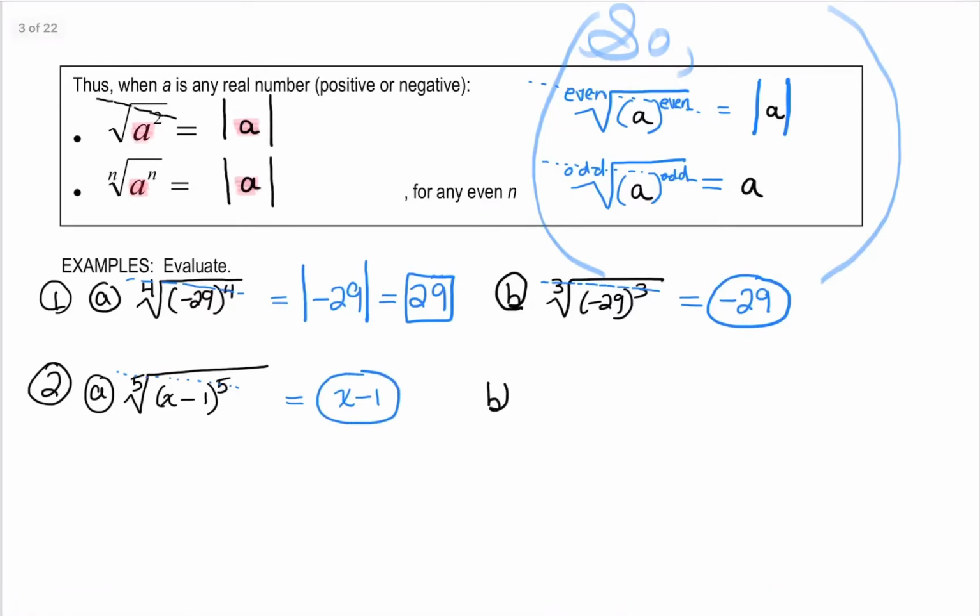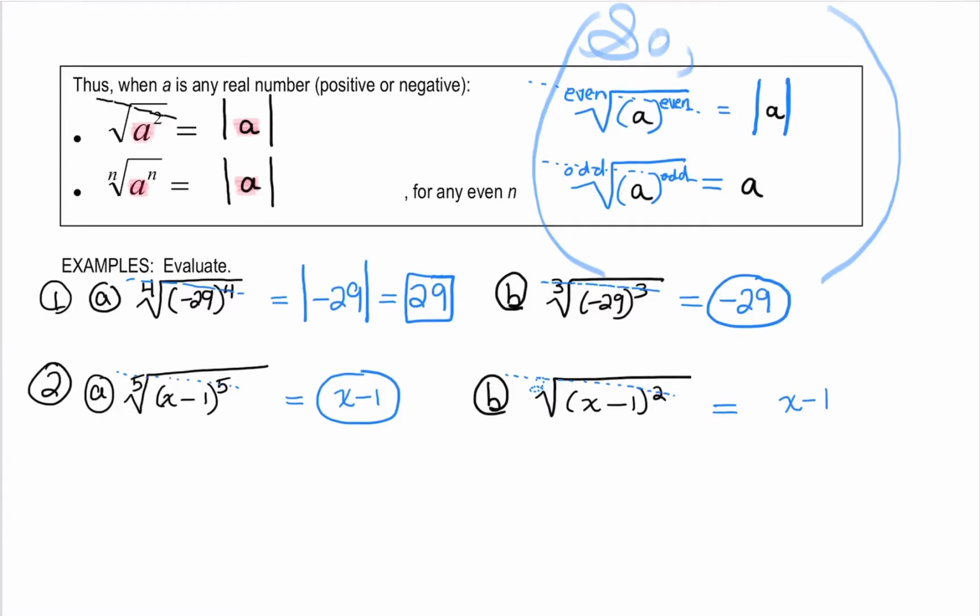All right, but let's contrast that with the square root of x minus 1 quantity squared. Again, it's the implied index of 2, and then something being raised to the 2nd power. When those match, those two undo each other, and you're going to get what was that base, which in this case is x minus 1.